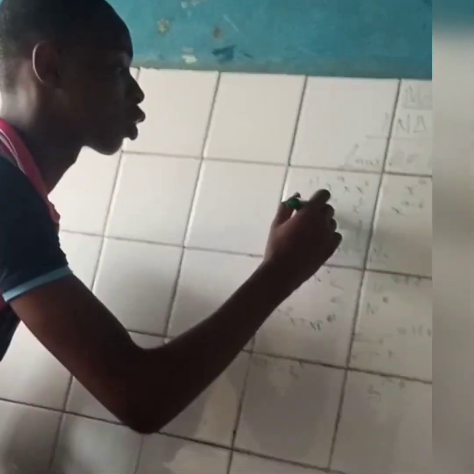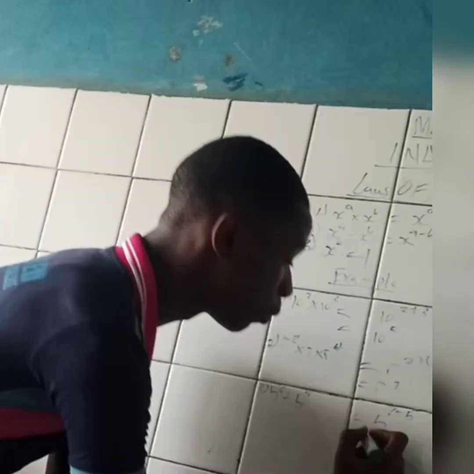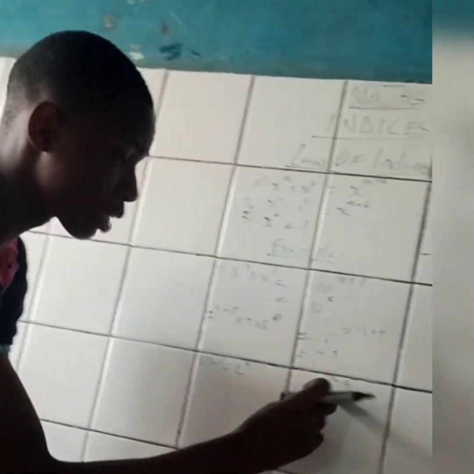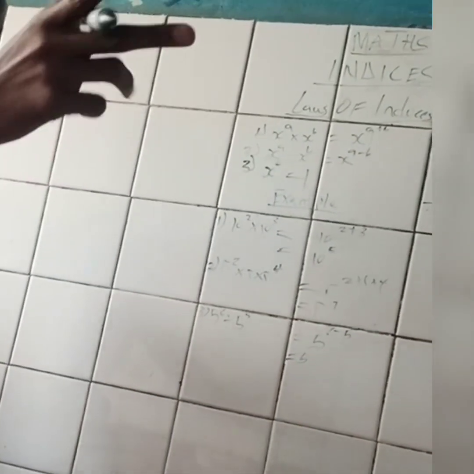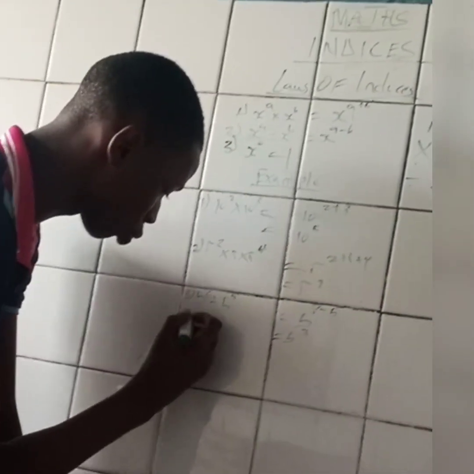When we look at this question, we see that it is like the second law of indices. So 5 raised to power 8 divided by 5 raised to power 5 is equal to 5 raised to power 8 minus 5, and our answer will be 5 raised to power 3.